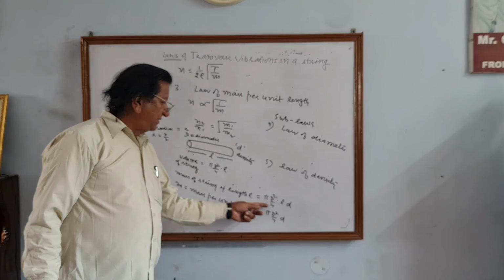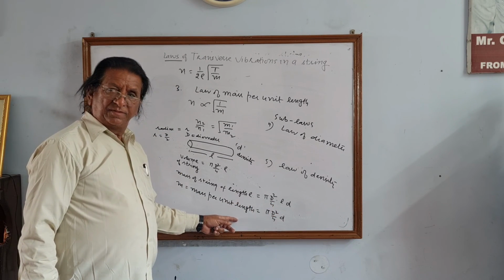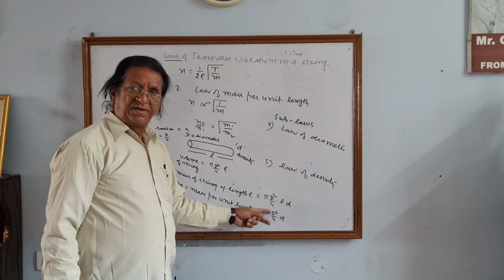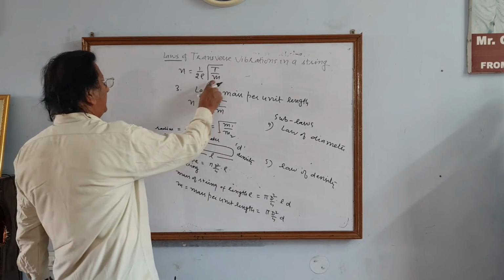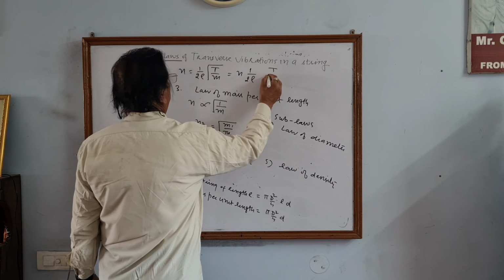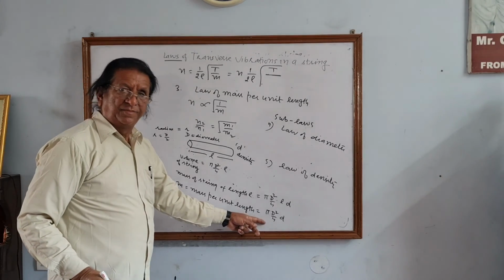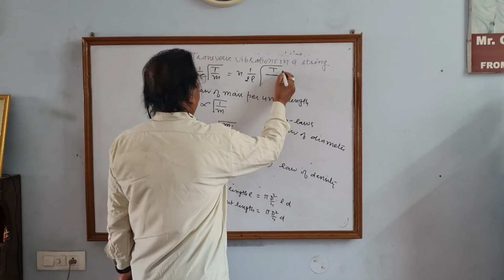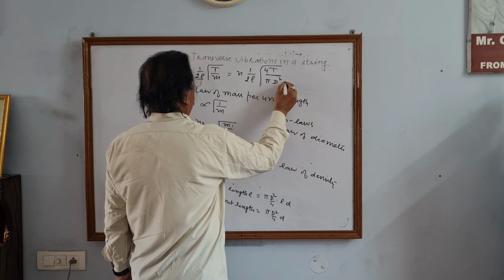This is the mass of length L. I want mass per unit length, the total mass divided by total length. That will give you mass per unit length. That is small m. Now if you replace small m by this value, it is in the denominator. So what will happen? The 4 goes up, pi D square d.